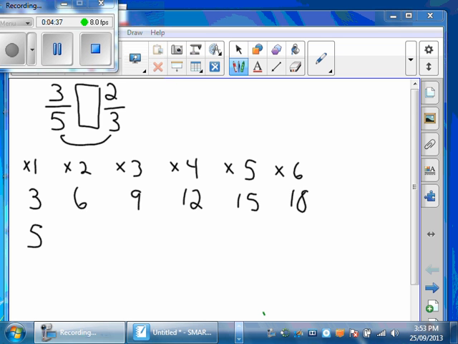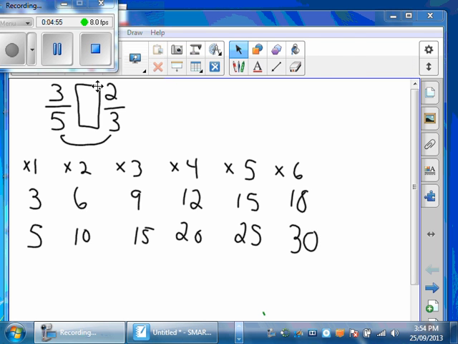And we could do the same thing here: 5, 10, 15, 20, 25, 30. Well, now what we've got is a range of numbers, and we can find the lowest common multiple of the two numbers. In this case, we can see that the first one that comes up for both is 15.